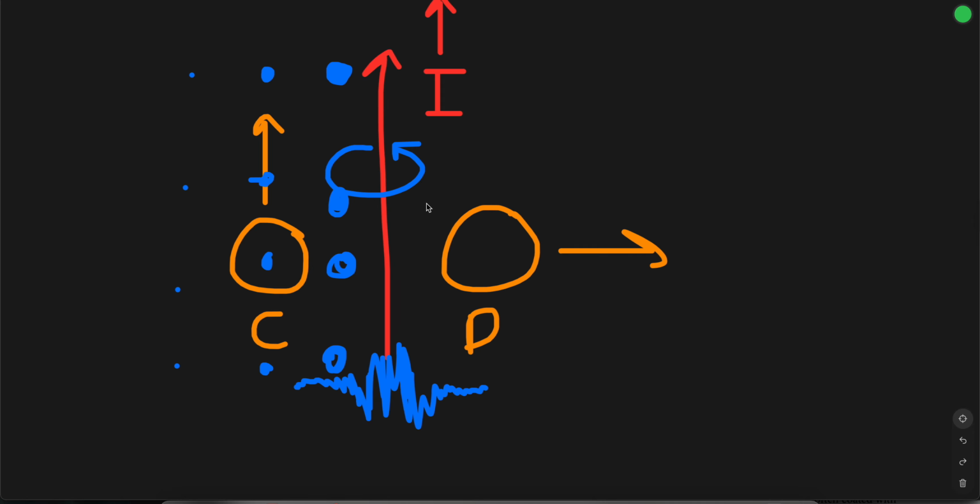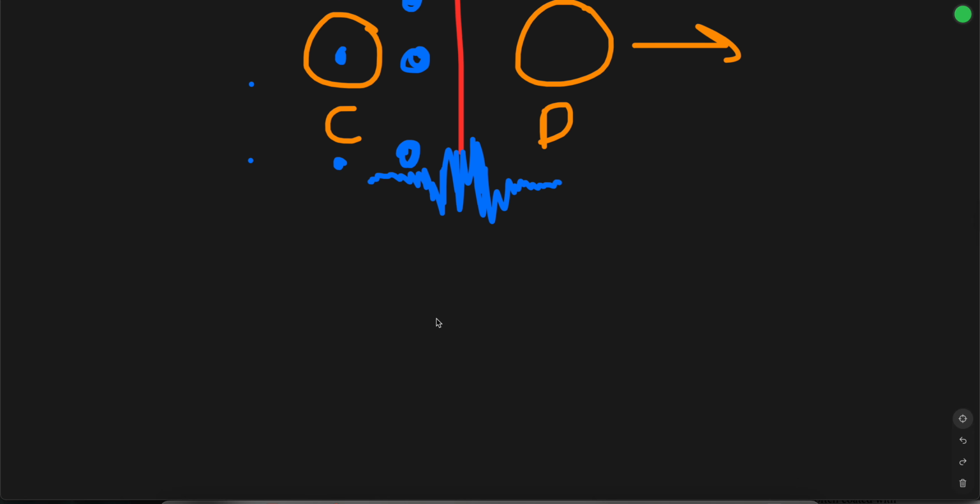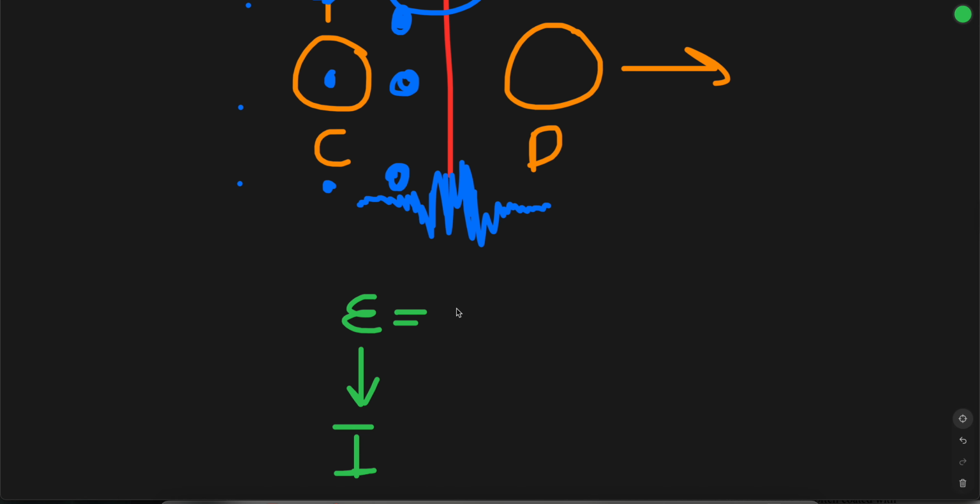Since there's no change in flux, we know that for there to be an EMF and thus a current, so the EMF causes I, there needs to be a change in flux over a change in time, to which the EMF is proportional.